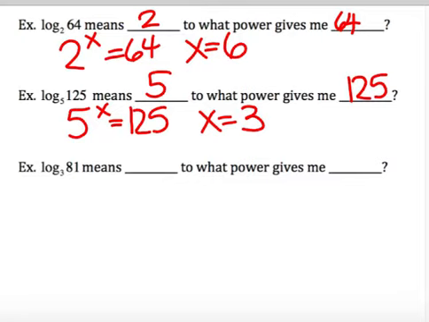Log base 3 of 81 means 3 to the what gives me 81. Write down what that would be exponentially.